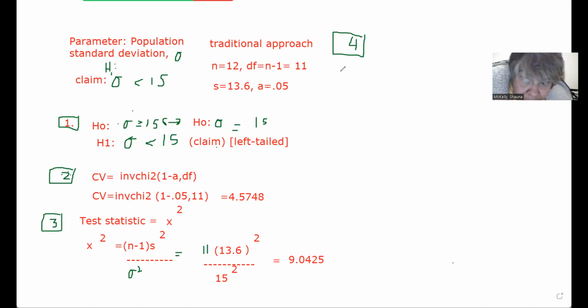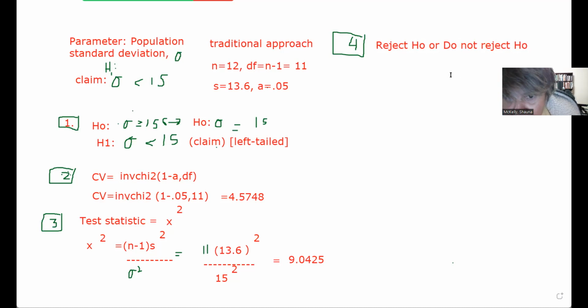So this is our decision. The choice is reject H0 or do not reject H0. It's what you'll see on the quiz or the exam.